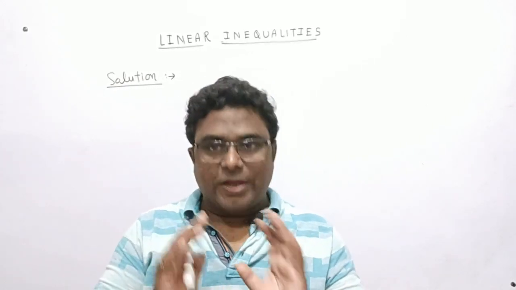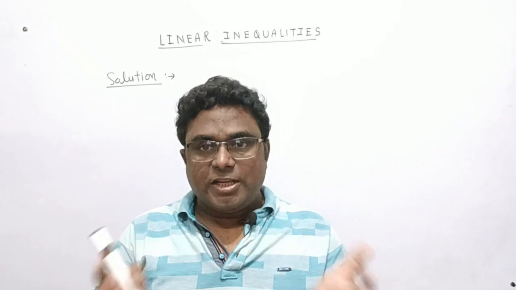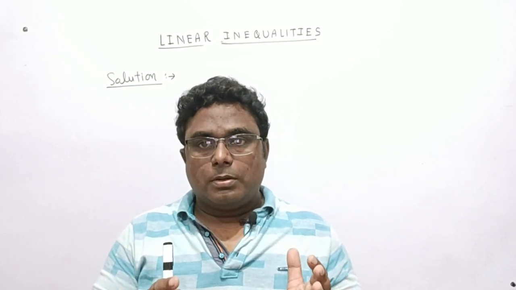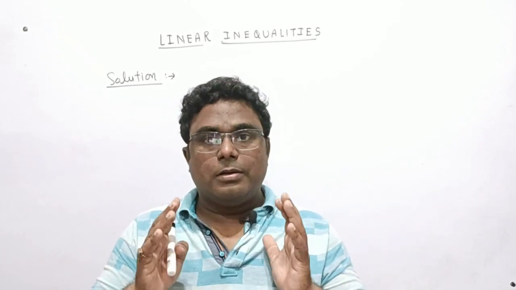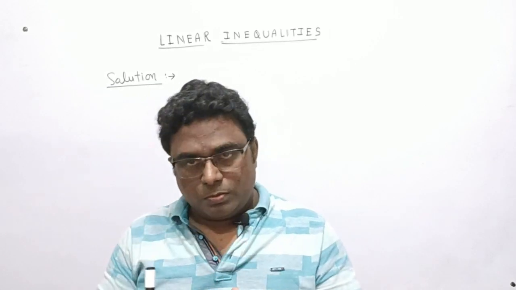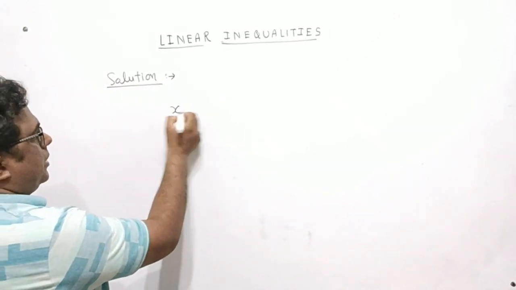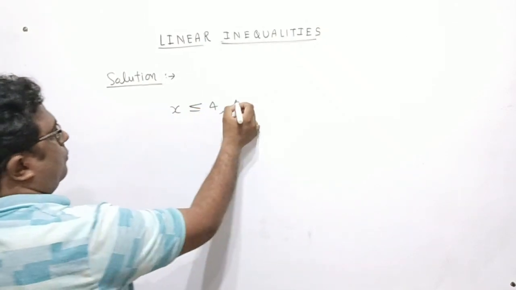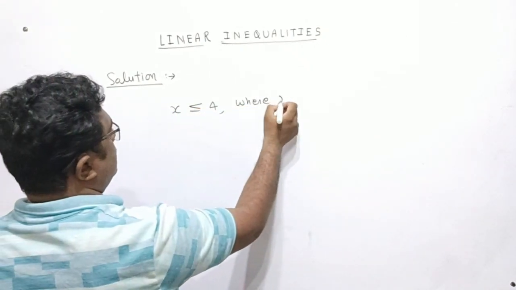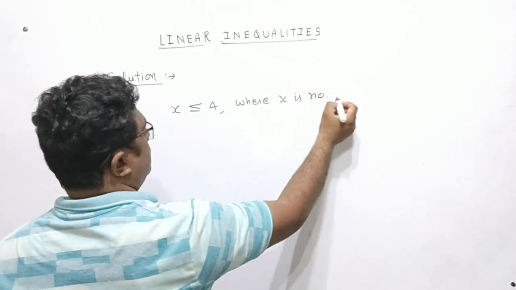Now solution. What is the meaning of solution? Solution means value or values of variable or variables for which the given inequality is true. Let us understand this with the help of an example. Suppose I say x is less than or equal to 4, where x is the number of persons.